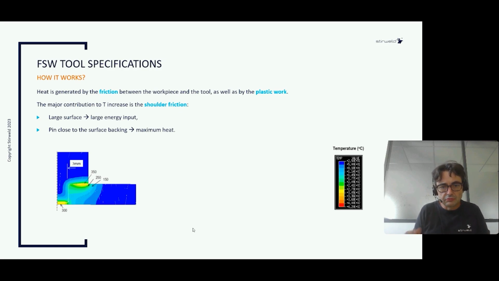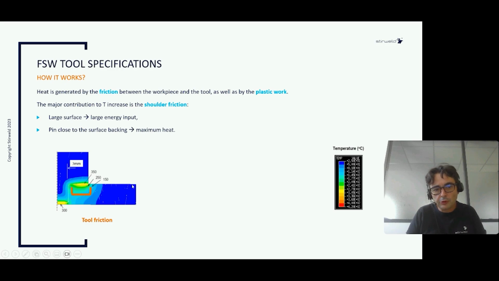So, using this simulation, we can learn a little more about how the heat is created in the materials. In this simulation you can see a tool here. It's just half of the tool, to limit the calculation.